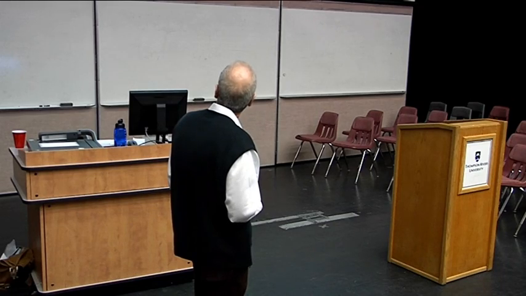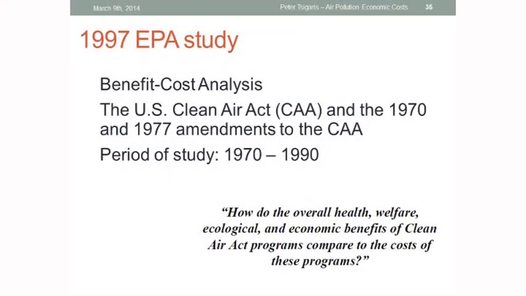This is a 1997 EPA study. It's a benefit cost analysis of the US Clean Air Act. They were required by Congress to evaluate the 1970 and 1977 amendments, regulations to this Clean Air Act that came in 1963. And I said, hey guys, we're spending a lot of money, the industry is losing money. What are the benefits?